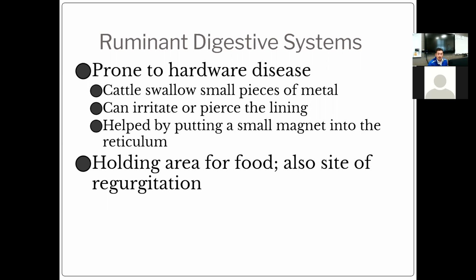So there are a lot of farms, especially dairies, that are actually going to give their cattle a small magnet and have them swallow it, which will attract some of those things. For instance, if that cow swallows a nail or something like that, it might make it through her esophagus okay, but it might have a hard time getting through the rest of her digestive system without causing some damage.